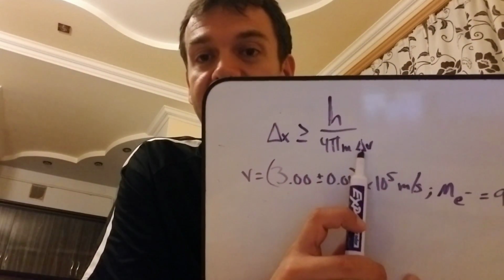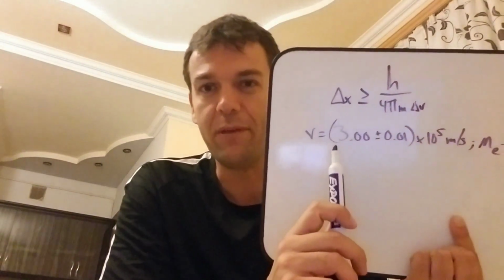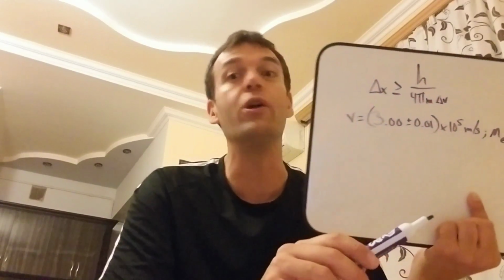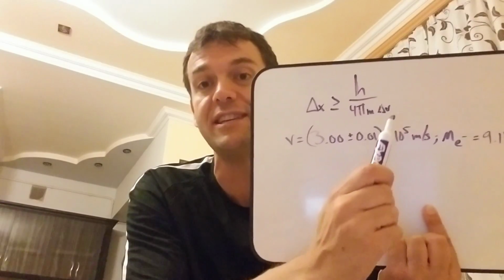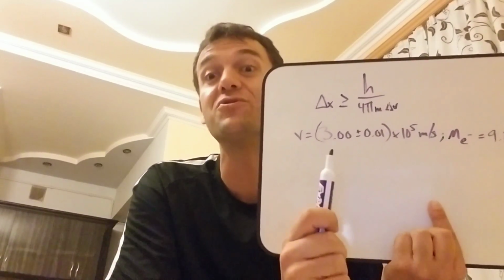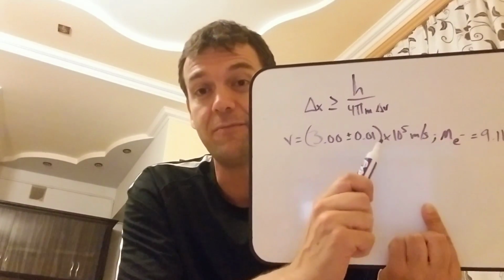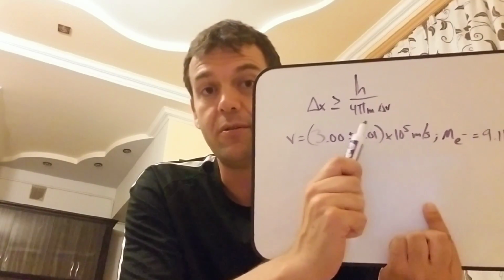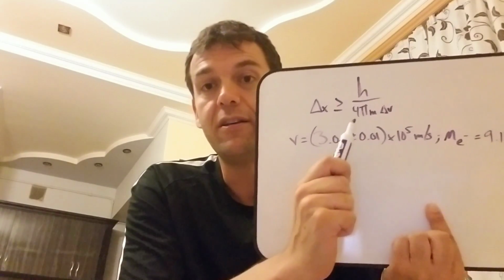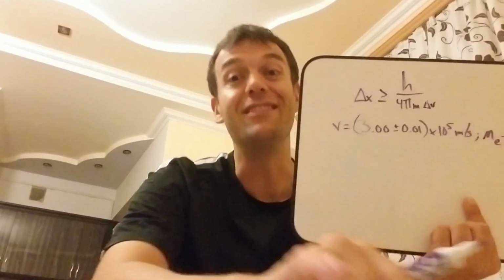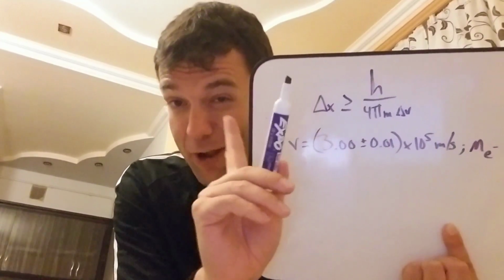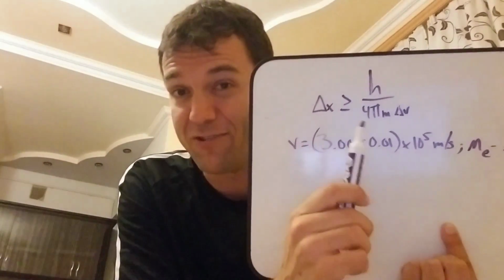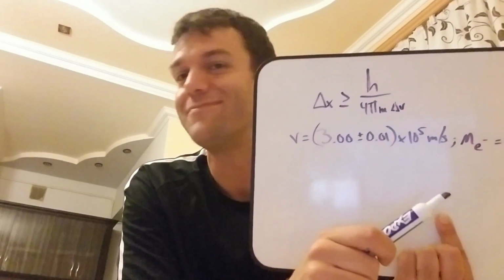The change in velocity, most common mistake: people use the whole thing for velocity. We don't care about the velocity. We care about the uncertainty, the delta v, the uncertain part of the velocity, which is this, 0.01. Now, the second most common error people make is they'll say, aha, I know it's the uncertainty of the velocity, I'll just do this and then I'm done, the 0.01.